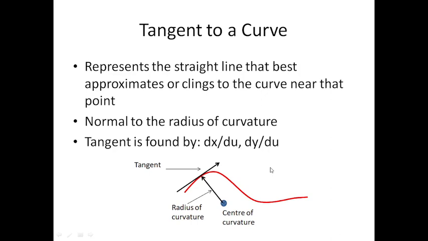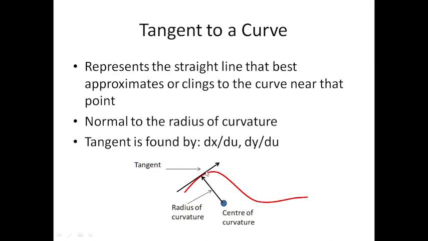Now, another important property which can be defined for a curve is the tangent. It represents the straight line that best approximates or clings to the curve near that point. For example, you are having this curve, and on this point, you want to find out the tangent.